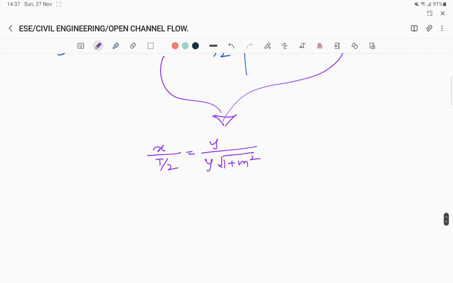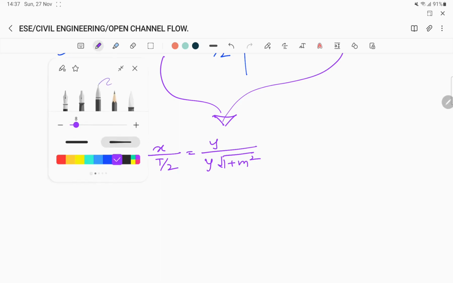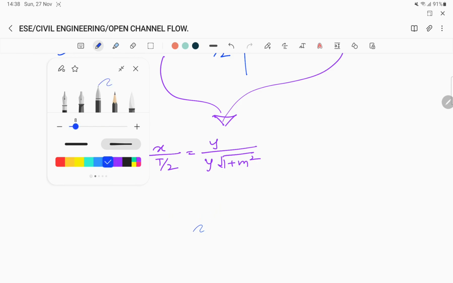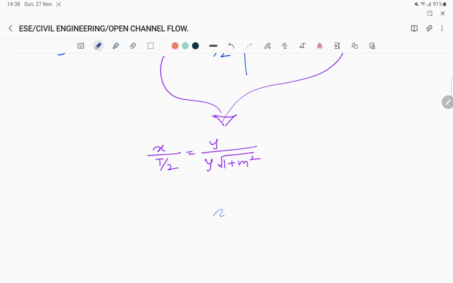Now if you remember, in the first condition we derived that T by 2 is equal to y under root 1 plus m square, so this gives us x is equal to y.